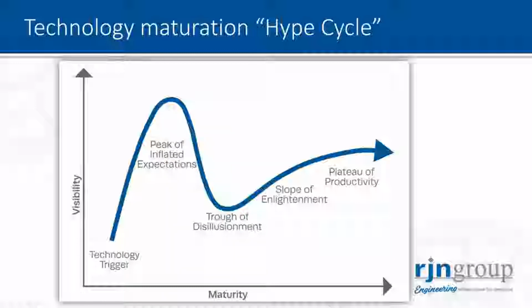Once people start trying it and have really high expectations of it, what often happens is it doesn't quite meet up to those expectations, and the technology enters what they call the trough of disillusionment. There are several technologies on their way up and on their way down, and what we'd like to do is accelerate through this trough of disillusionment to move up to the point where we're productive by understanding what the technology can and cannot provide.